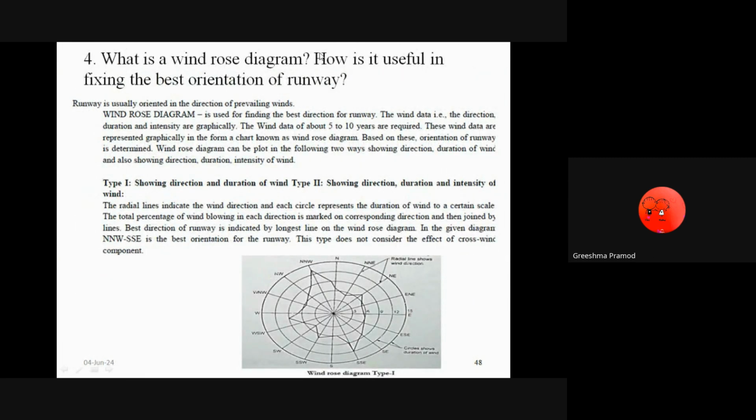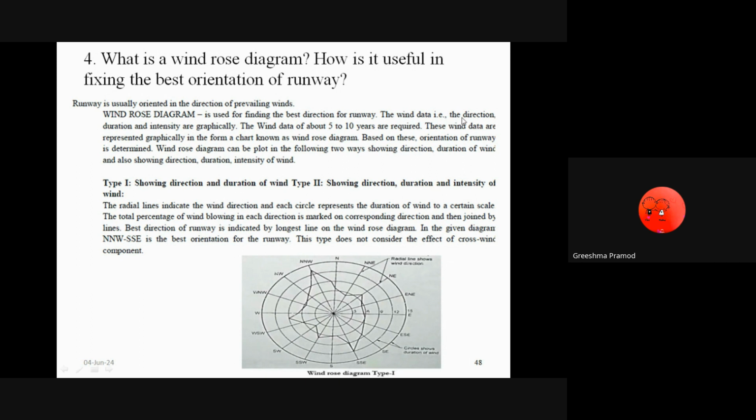Now, what is a wind rose diagram? How is it useful in fixing the best orientation of the runway? The runway is usually oriented in the direction of the prevailing wind. So you have the wind rose diagram. It is used for finding the best direction for the runway.